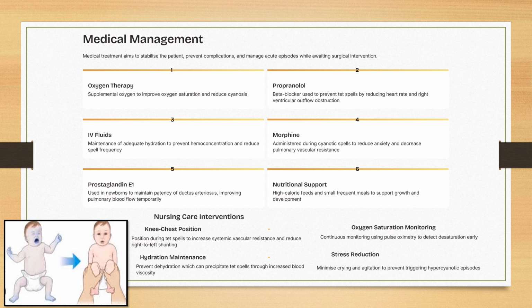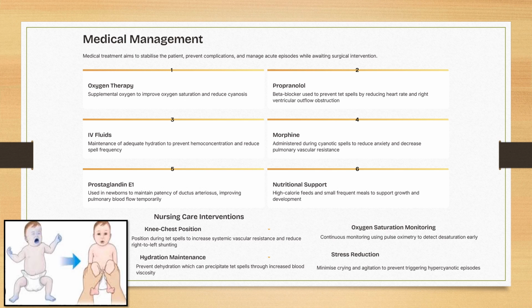We are just stopping it from closing, because due to this problem, the lungs are not getting proper blood flow for oxygenation. At least with the ductus arteriosus present, the aorta gives blood directly to the pulmonary artery. So through the pulmonary artery, the blood can go to the lungs for oxygenation. This is the main mechanism working here.